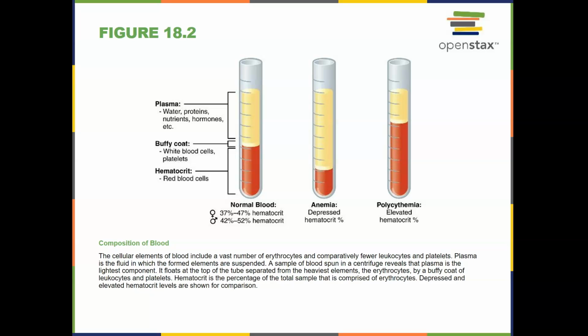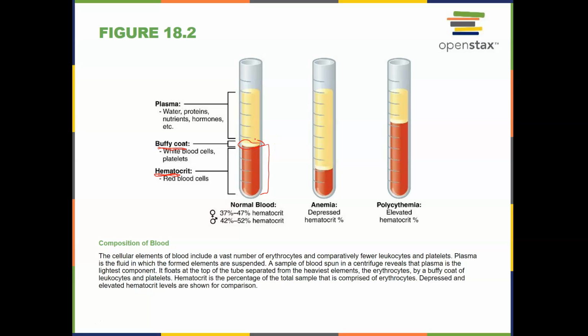So this is also in your book, and this is just showing you an example of blood composition. In normal blood, in males and females it's slightly different, but you'll have a certain percentage of a blood sample that's going to be made of red blood cells. We call that the hematocrit. Hemo or hemato means red blood cell. We have something called the buffy coat here, this little white region, or kind of lighter region.